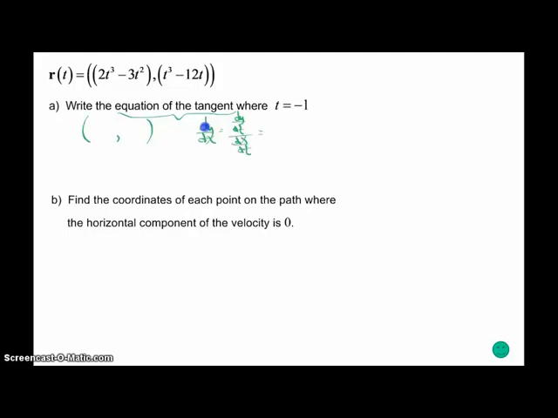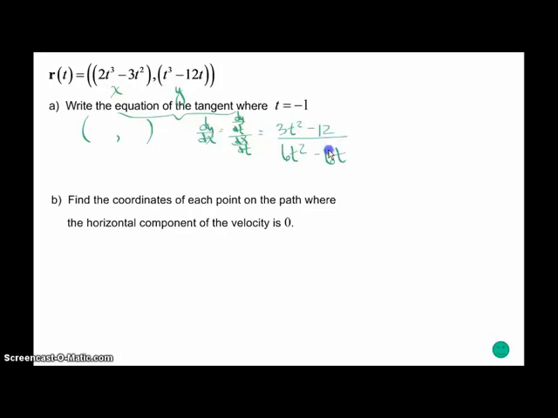See how closely it follows our parametric work? So here's the vertical component, here's the horizontal component. The derivative of this with respect to t is 3t squared minus 12. The derivative of this with respect to t is 6t squared minus 6t.